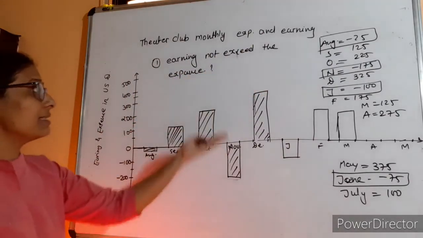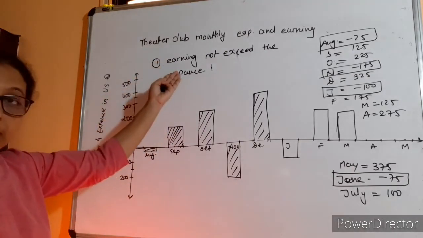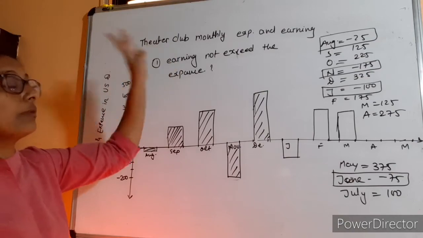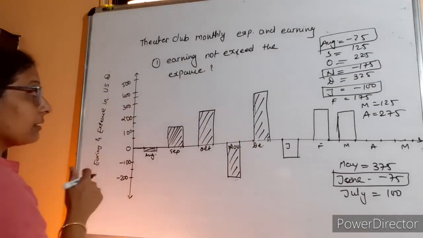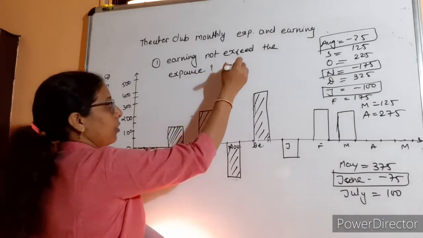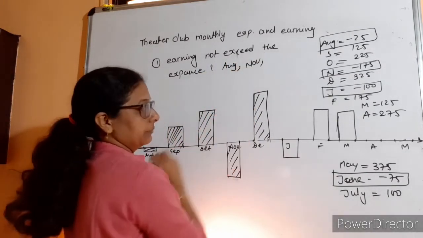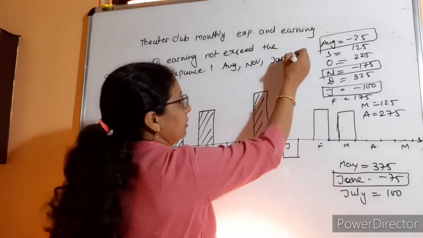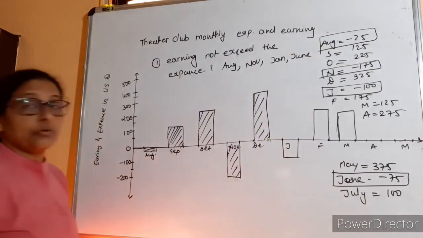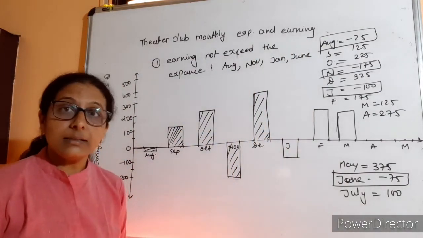That means expense is more. In the simple way, we can say in which month expense is more than earning. We have already boxed it. Which are the months? That is August, November, January and June. These are the 4 months in which there is a loss, that means expense is more than earning.